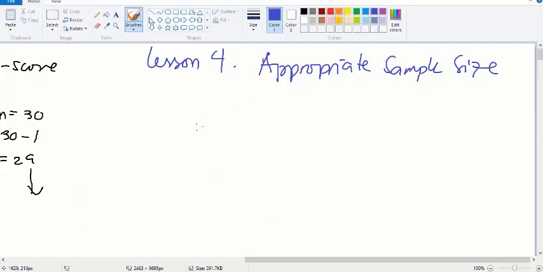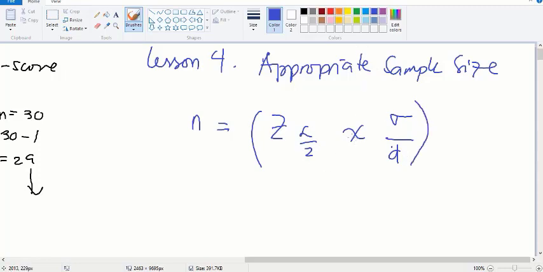Okay, so anyway, the formula should be n equals z alpha over 2 times X over D, squared. By the way guys, hindi natin masyadong papakialaman ang X because we are not dealing with the specific components, but nandyan lang yan siya for the standard formula. Okay? So, ang kailangan dito is the sigma. This is the standard deviation of the population.